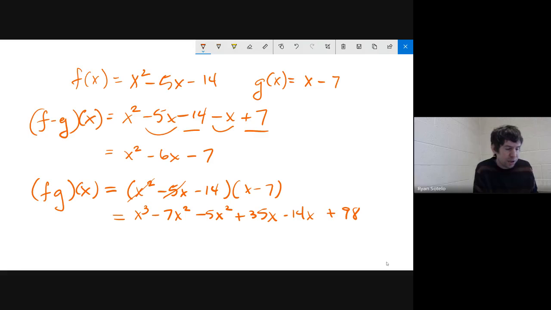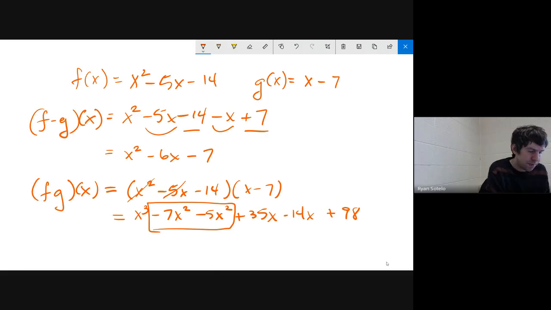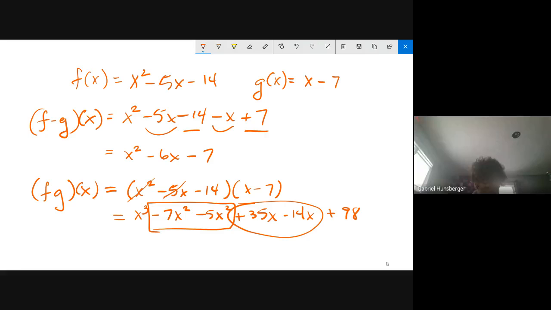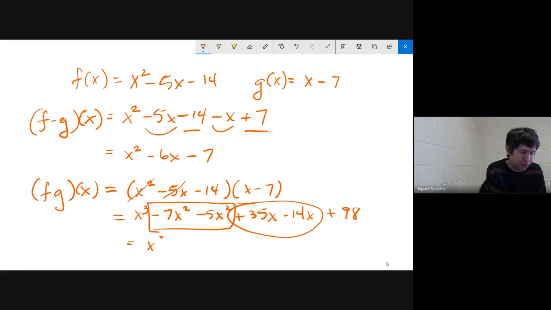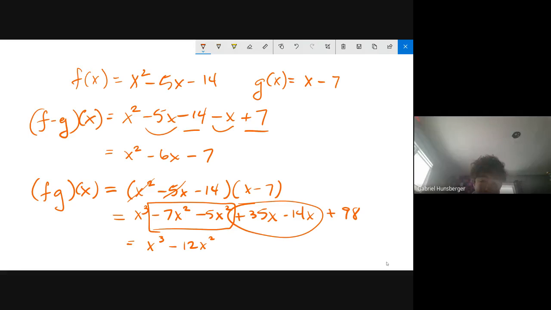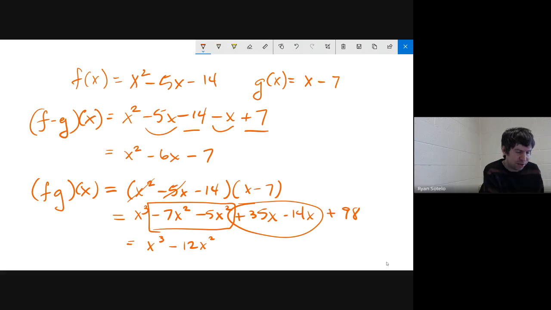So then you'll just combine your like terms. You've got a couple of x squared terms, and a couple of x terms. So x cubed minus, is that negative 12x squared? Or 13? No, it's 12.